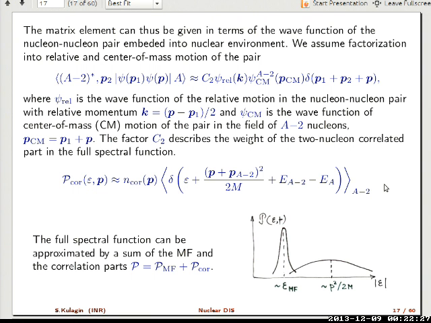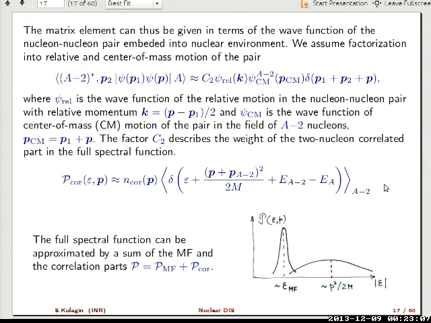Then this contribution to the structure function would be something like that: the corresponding delta function, which just enforces the conservation of energy, averaged over the motion of the residual system, with the prefactor determined by the wave function of the relative motion.